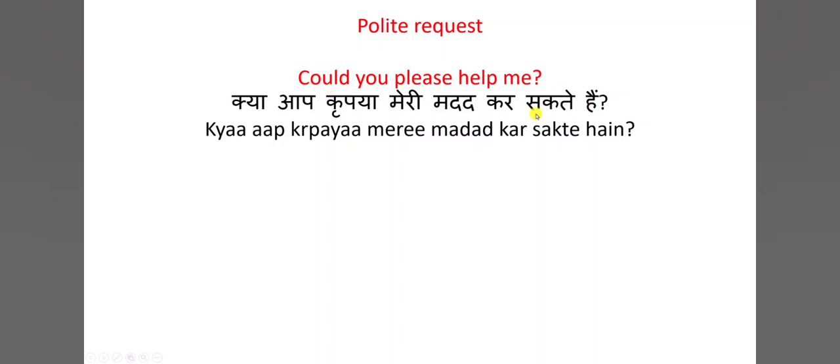Okay? सकते and हैं are selected according to आप. Alright? And since the sentence is in present tense, हैं is used.